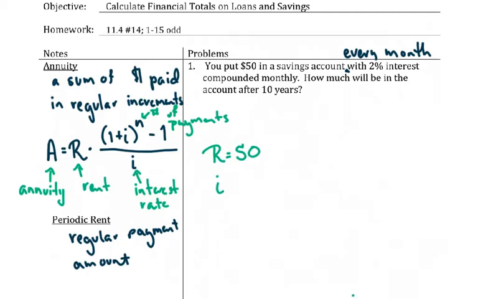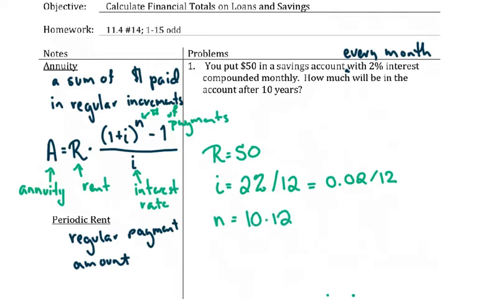Our interest rate is 2% compounded monthly, and just like with compound interest, we're going to divide that 2% interest rate over each month, so our interest ends up being 0.02 over 12 when we plug it in. And then our N, the number of times it's compounded, is 1 time per month for 10 years. So it'd be the 10 years times 12, which equals 120.